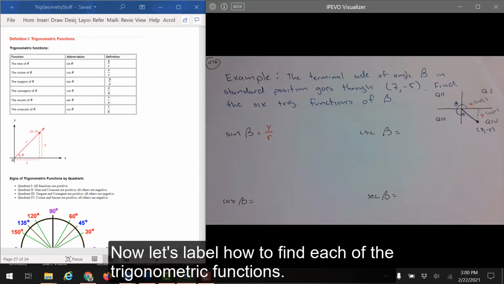Now let's label how to find each of the trigonometric functions.